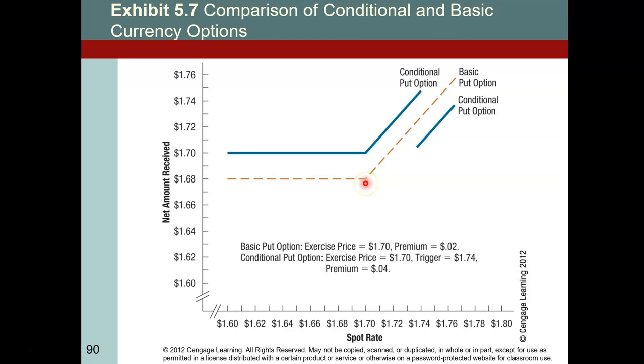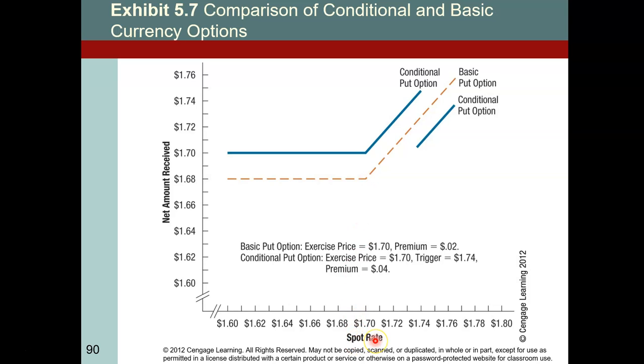So your net profit is negative 0.02. But the amount you receive by exercising this put option is 1.7 minus 0.02, so it's 1.68. Okay, this is the cutting point.